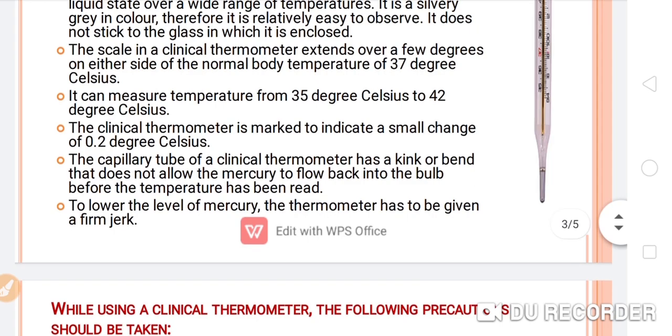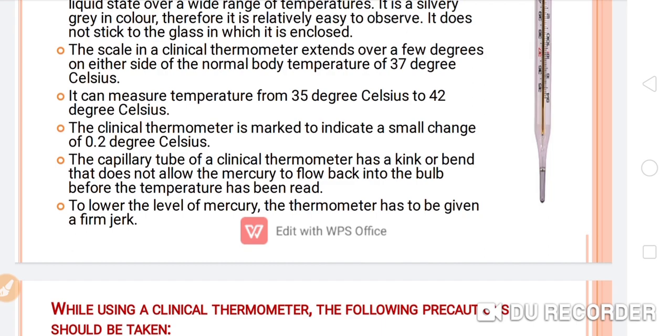Next, the capillary tube of a clinical thermometer has a kink or bend that does not allow the mercury to flow back into the bulb before the temperature has been read. So the kink is very important for the thermometer.